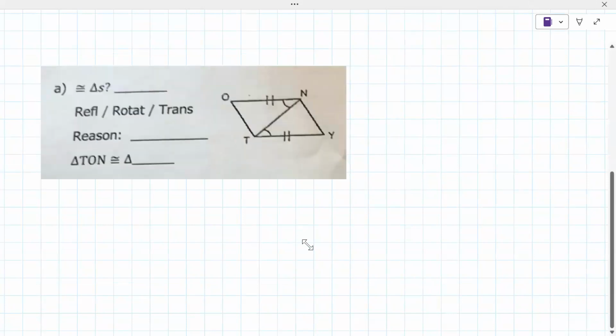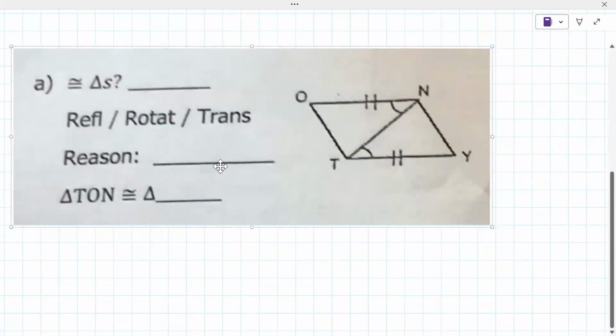All right, so problem number 2A. We should first decide reflection, rotation, or translation. And I guess it could be a combination thereof, but imagine going from the one on the left to the one on the right. Do you see a way to do that?